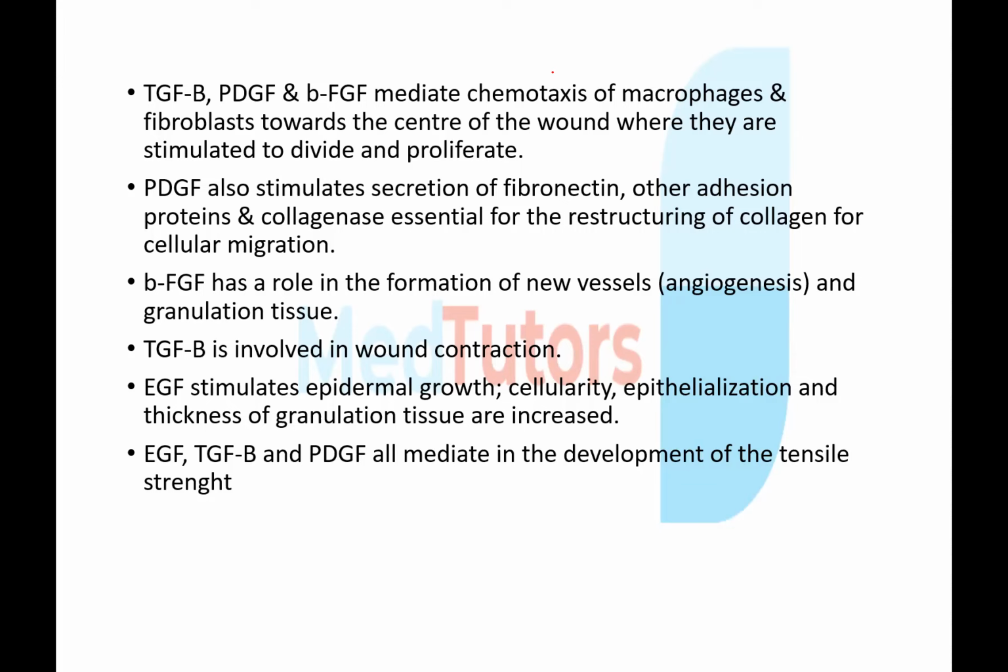Platelet-derived growth factor also stimulates secretion of fibronectin, other adhesion proteins, and collagenase, essential for restructuring of collagen for cellular migration. Basic fibroblast growth factor has a role in the formation of new vessels, angiogenesis, and granulation tissue formation.